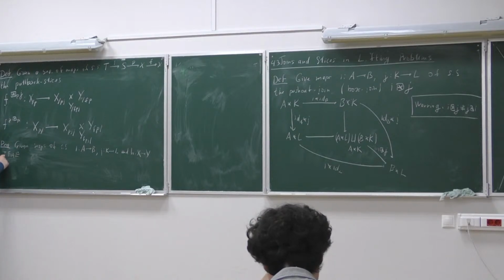The first condition is that you have a lifting property. You take a box join of I and J, and this has a left lifting property for the map H. So this is the first condition.